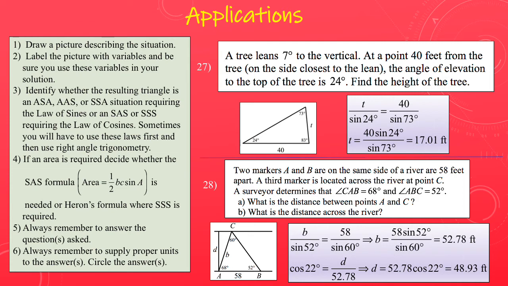And d is equal to 52.78 times the cosine of 22 degrees. You can write 52.78, but realize that there are more decimal places to the right of it. And we end up getting an answer to two decimal places that the distance across the river is 48.93 feet.